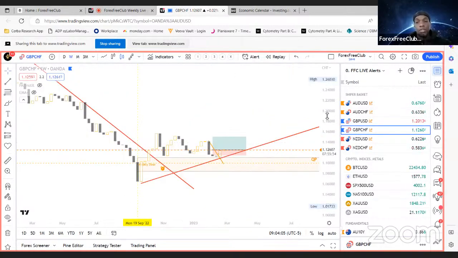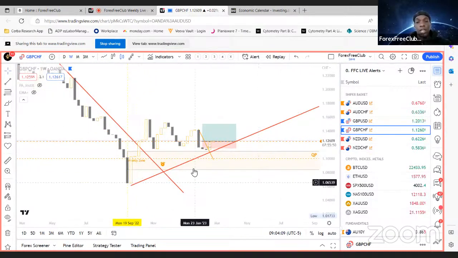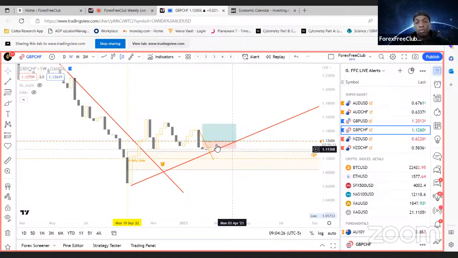Okay, so GBP Swiss franc has been the pair that's been moving the most, as well as NZD Swiss franc. But as you can see, market structure is still bullish. We came down a little bit lower to our weekly zone, but we had a nice positive reaction. So after I go through these setups, I'll take off all the trade ideas and be able to just see price.